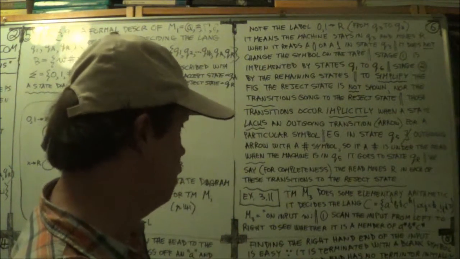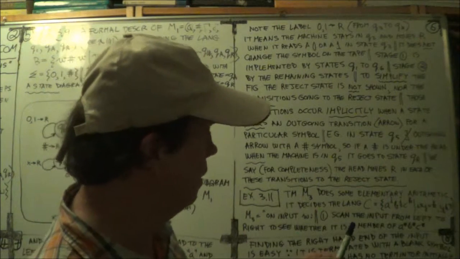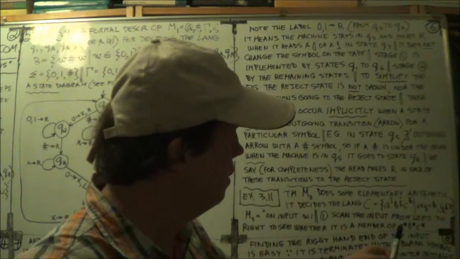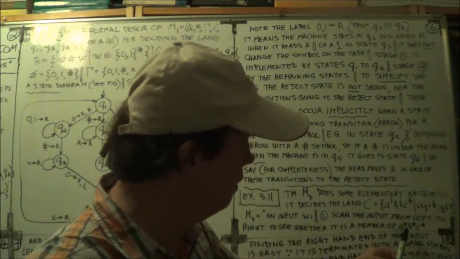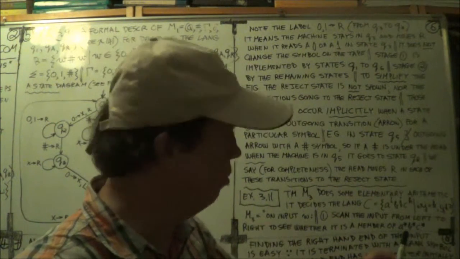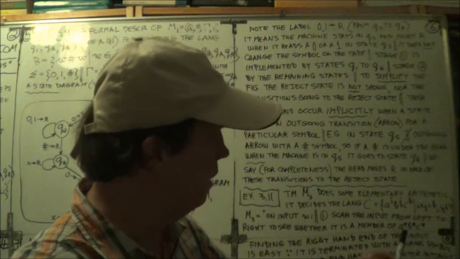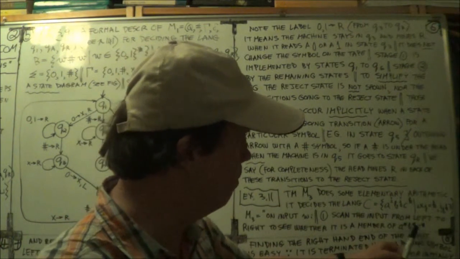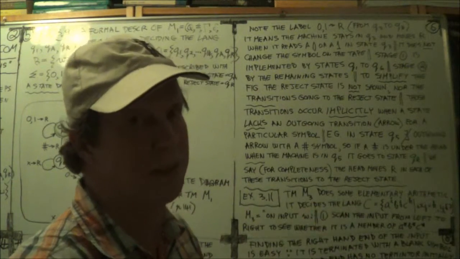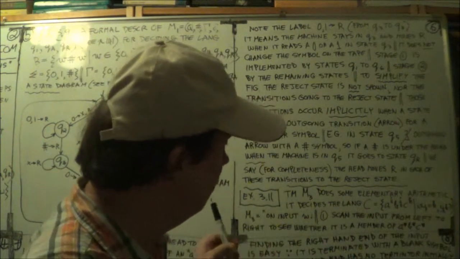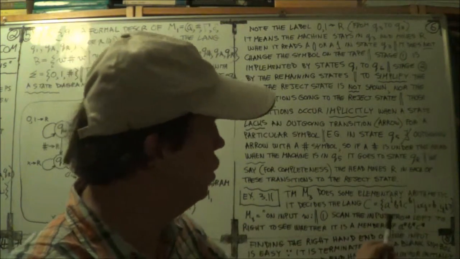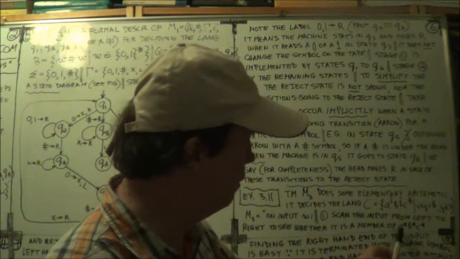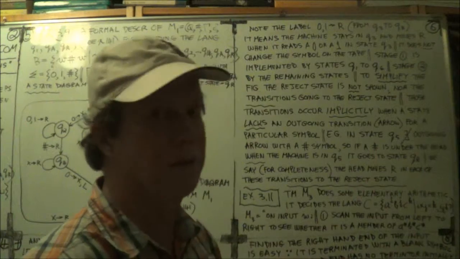Alright, and check as you scan across that your string is of this form, that it is all a's and then all b's and then all c's, so that you don't have a's mixed up in the b's or b's mixed up in the c's or anything like that. Right? So your first stage is to check that your string is of the form a star, b star, c star.